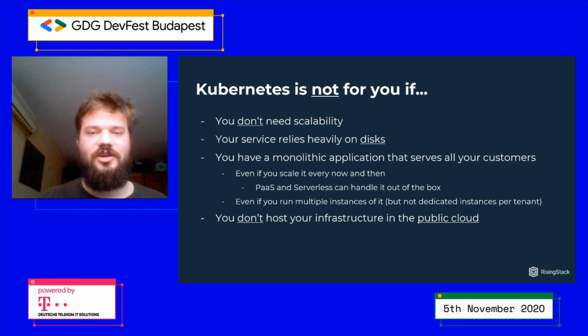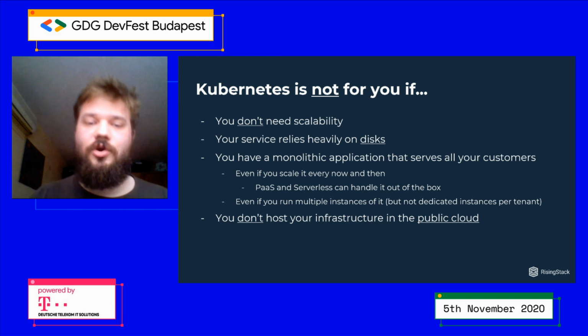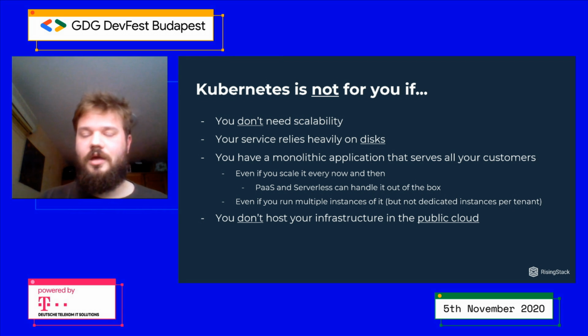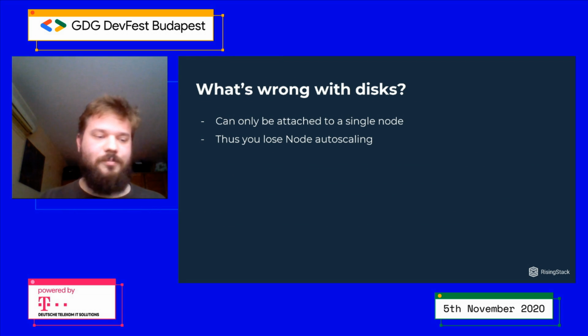There's really no need to bring in the Leviathan Kubernetes for that. And also, if you don't host your infrastructure in the public cloud, then you probably should start smaller or look elsewhere.